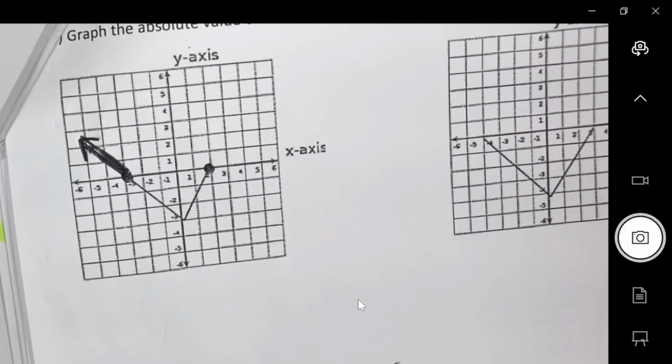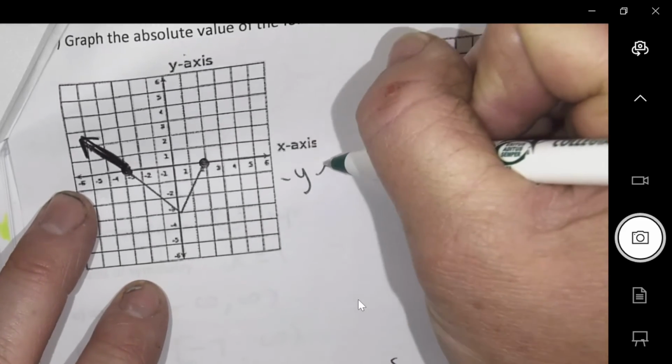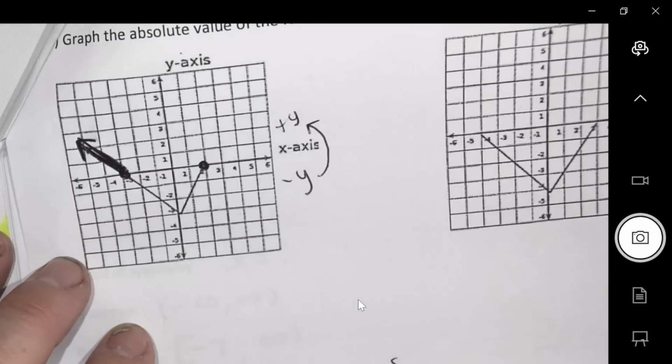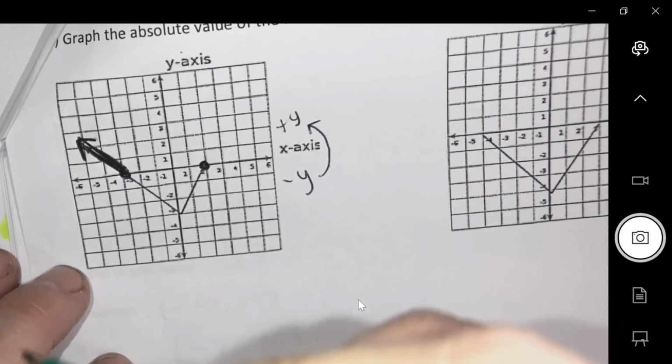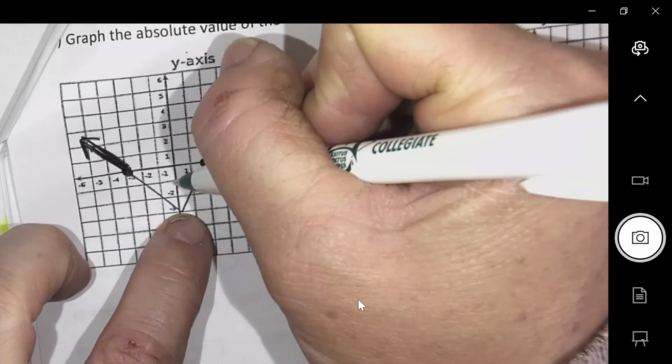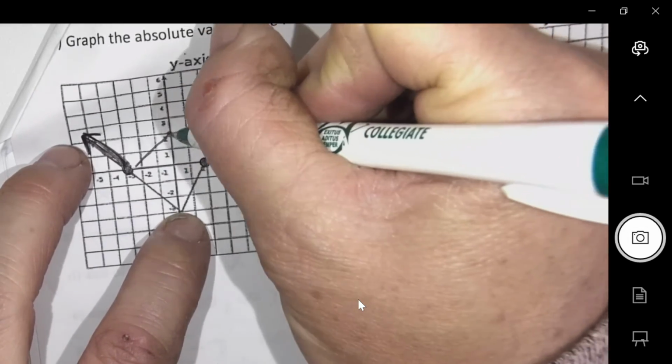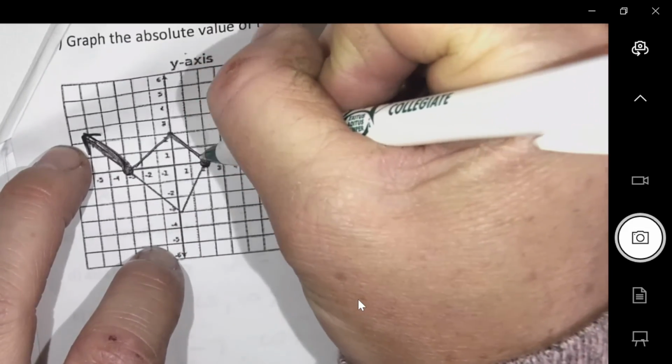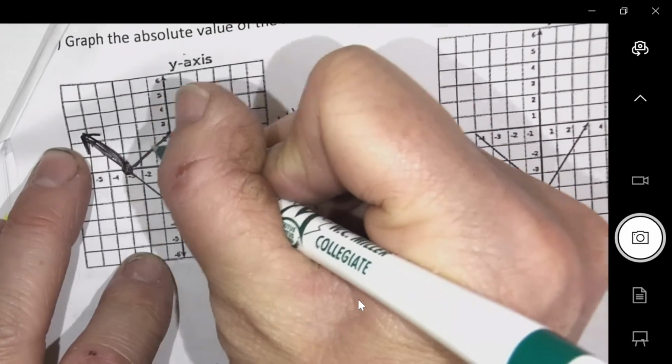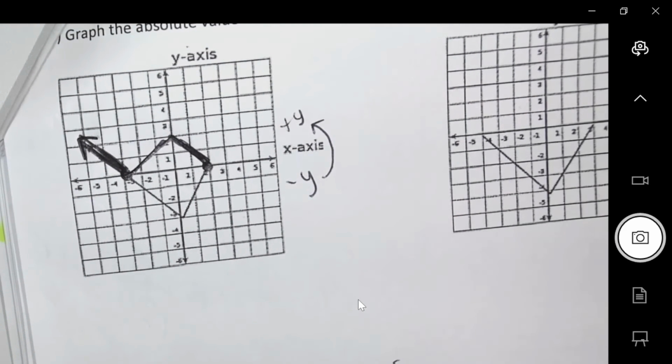Now, anything that is a negative height will have to move to a positive height. So this was at negative 2, so now it will go up to positive 2. I changed that negative part.